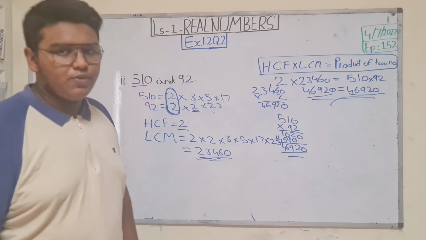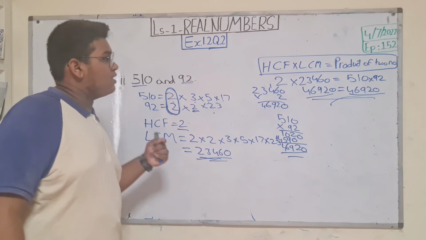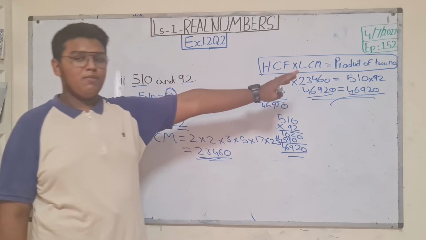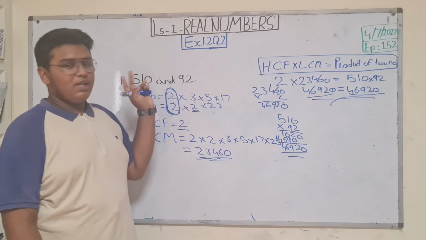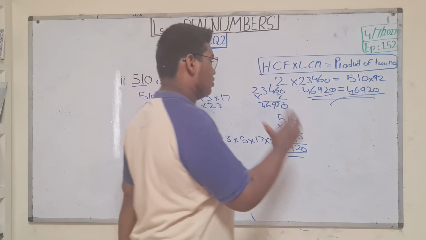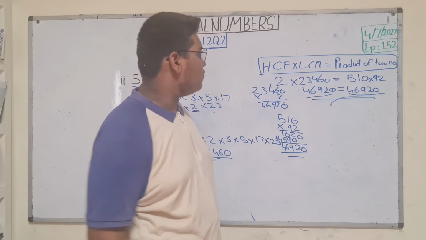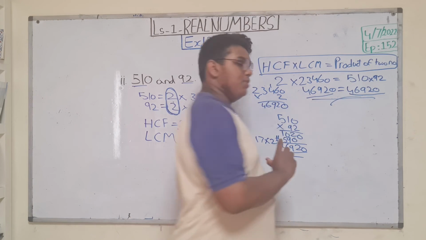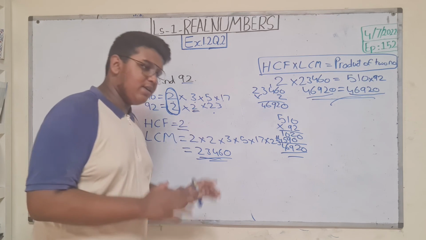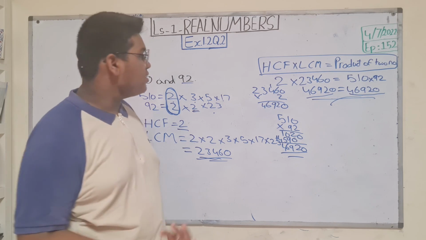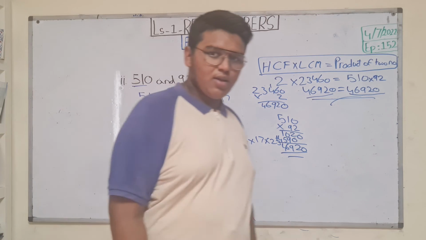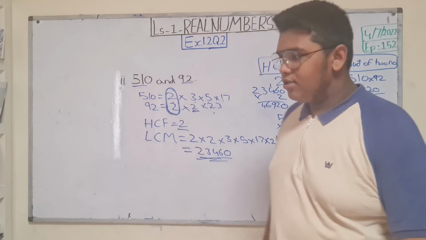Just now I told you one reason, to check whether the HCF and LCM are correct or not, by multiplying HCF and LCM and comparing with the product of two numbers. In case both are different numbers, we have to redo it, because the answer will be incorrect. And if you try harder, then you may get the answer.